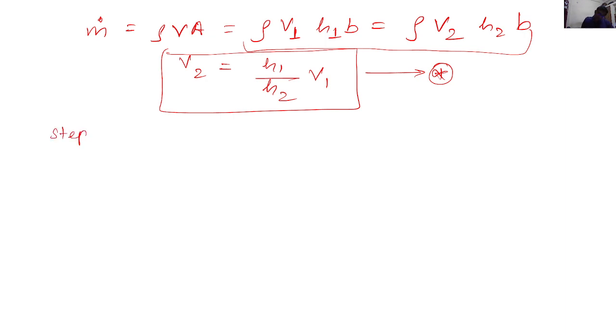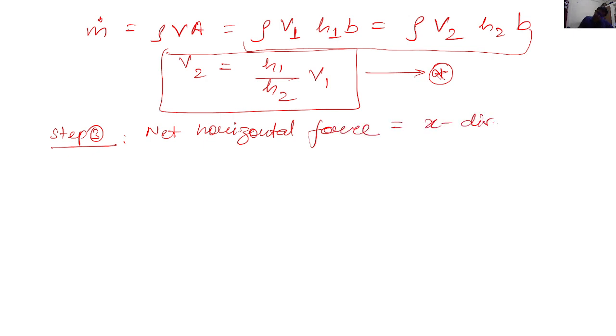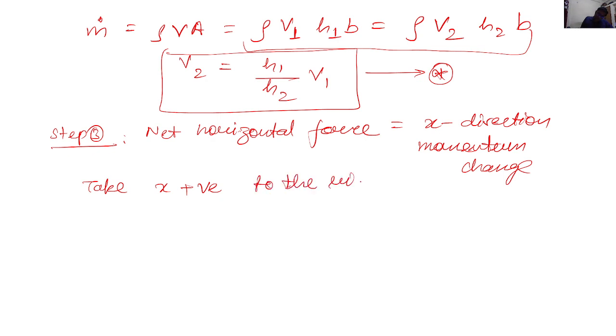Now step 3 is about balancing the forces. So we just use Newton's law, that the net horizontal force can be expressed as the x direction momentum change, and we take x positive to the right, that is, this side is positive.